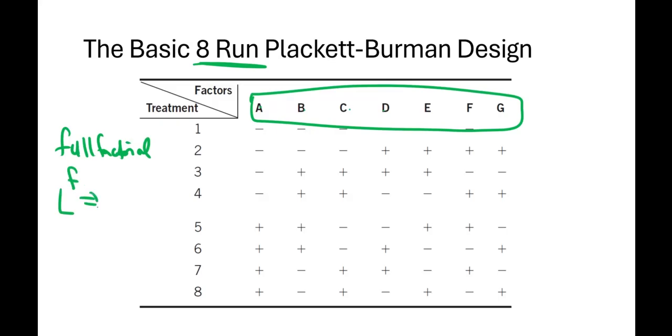In this case we have 2 levels, either low or high, to the power of 7. It will be 128. So we will need 128 for full factorial, but for the fractional one you take just 8.